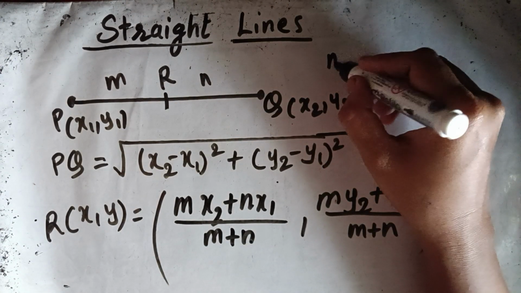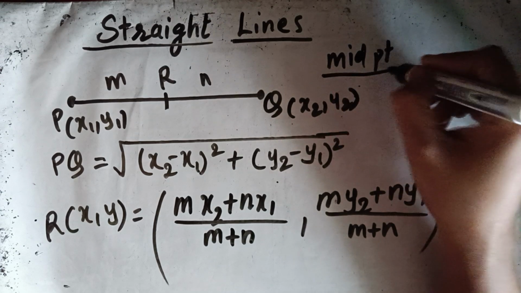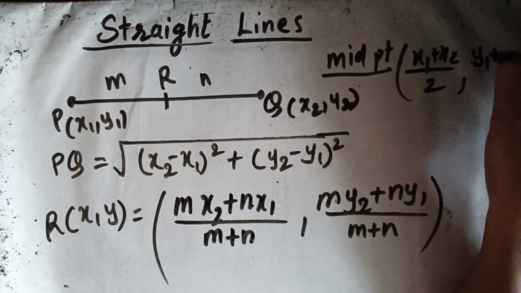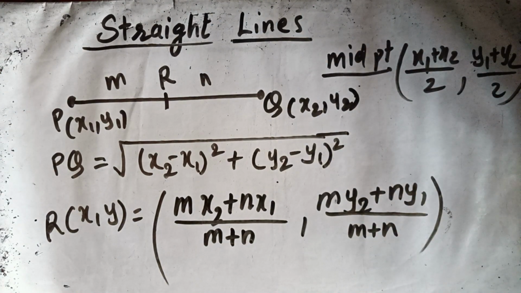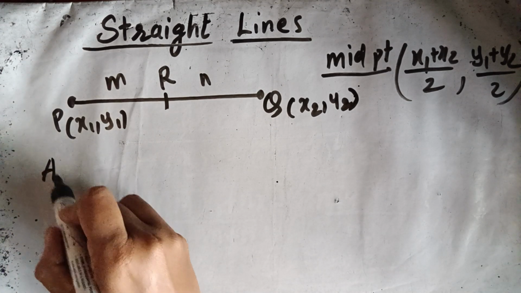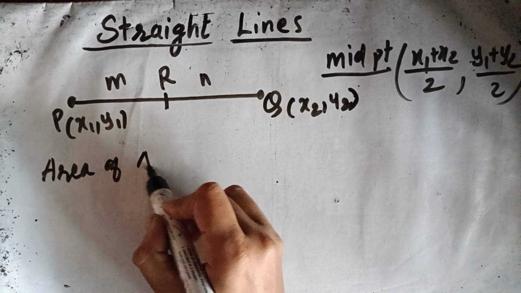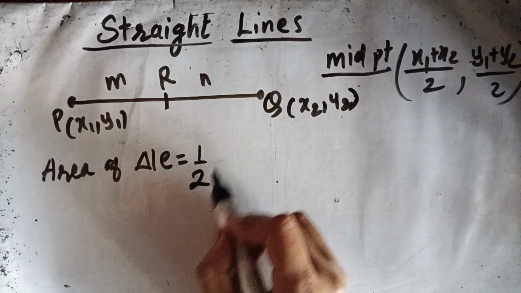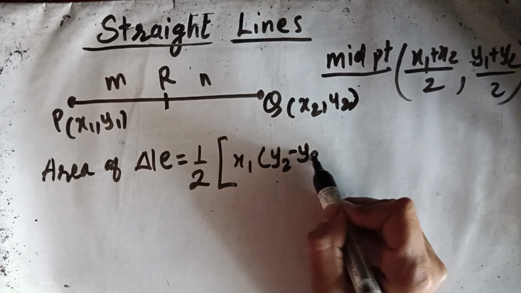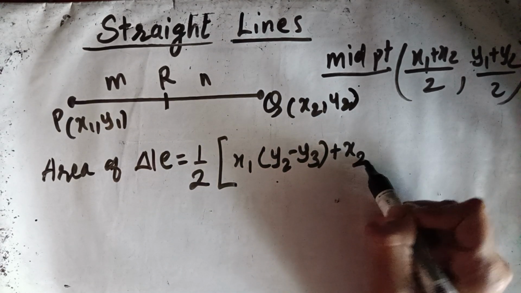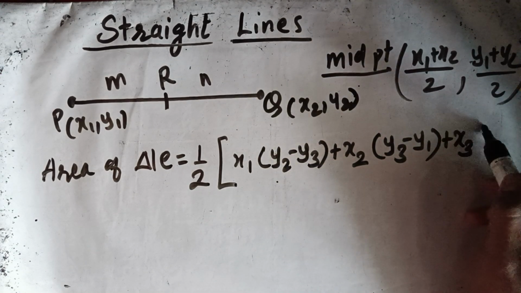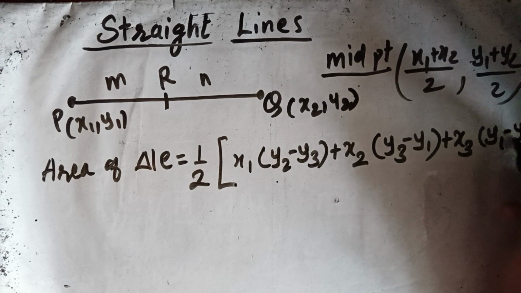Then, how is the midpoint given? The midpoint formula is: take (x1 plus x2) divided by 2 and (y1 plus y2) divided by 2. Then we have the area of a triangle. If three points are given, it is given by half of x1 (y2 minus y3) plus x2 (y3 minus y1) plus x3 (y1 minus y2).